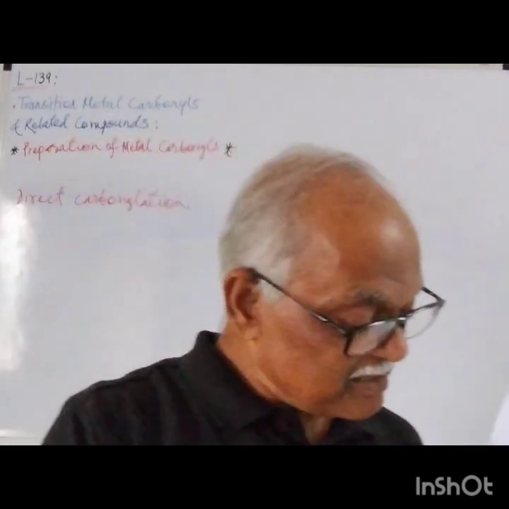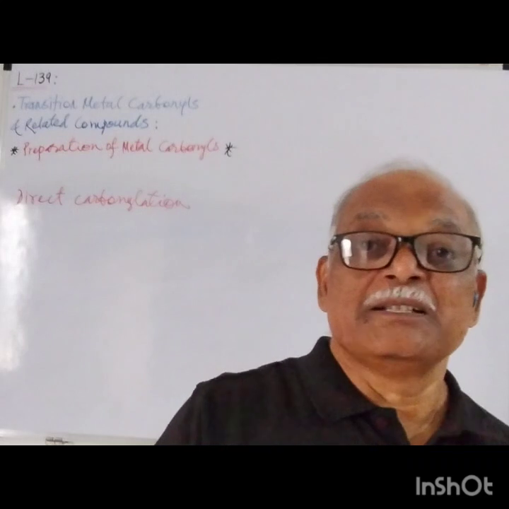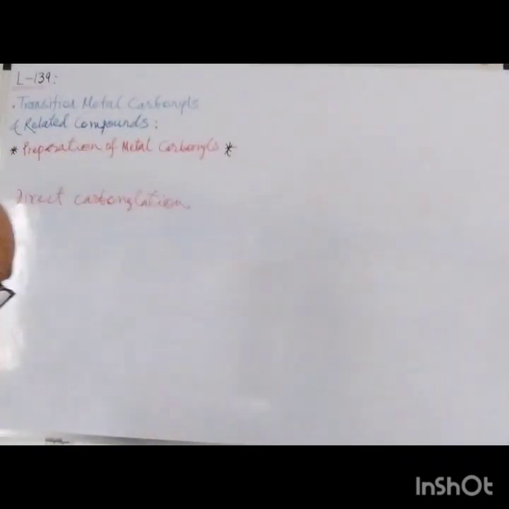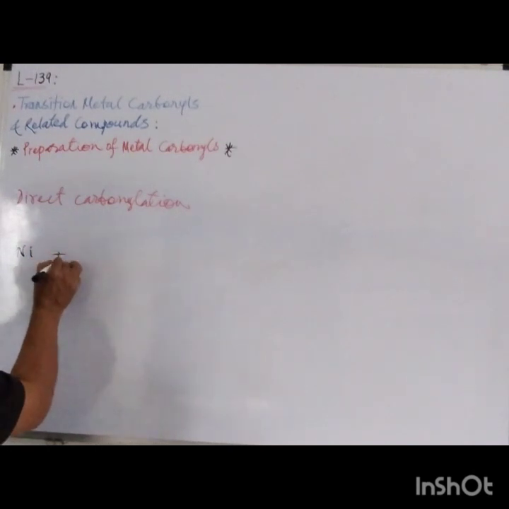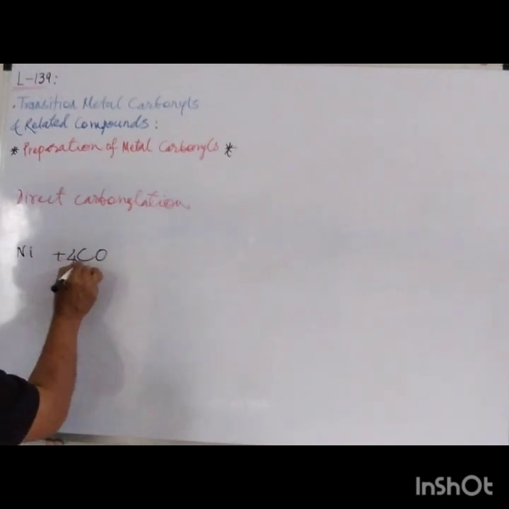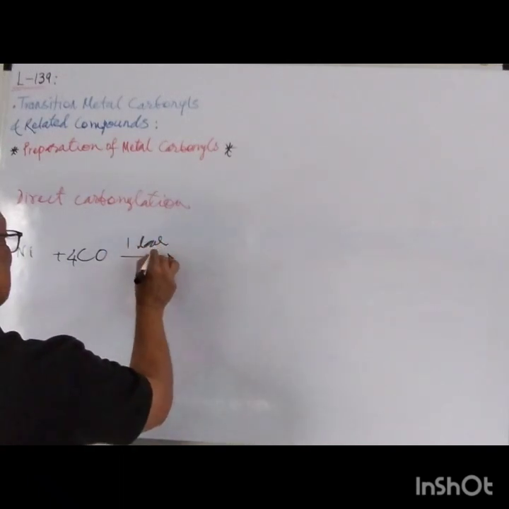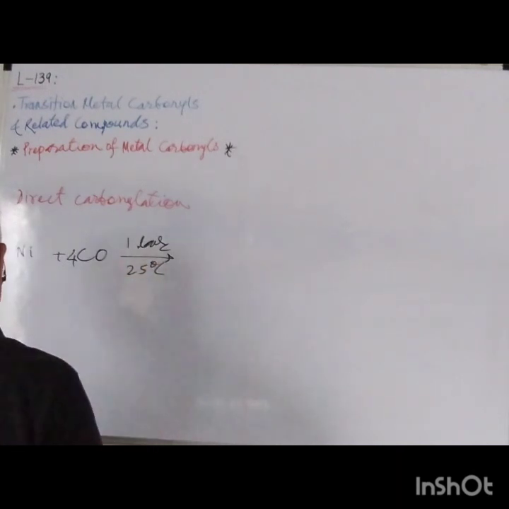So the examples of this method are the formation of the metal carbonyls of nickel and iron, that is Ni(CO)4 and Fe(CO)5. So this is used for refining of metals, that is nickel and iron, in industries. So nickel is directly reacting with carbon monoxide in presence of pressure, that is 1 bar, and 25 degrees centigrade.